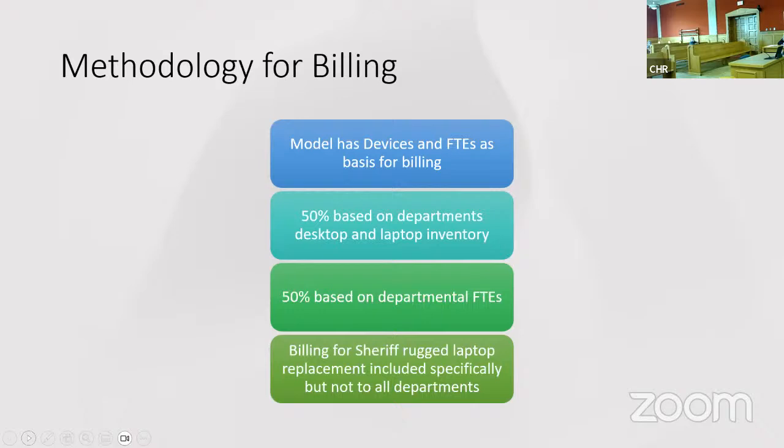And then 50% is based upon FTEs of the departments. The billing for the sheriff's rugged laptop replacement was included specifically in the billings, but it wasn't allocated between all departments. It was just billed to the sheriff's department.